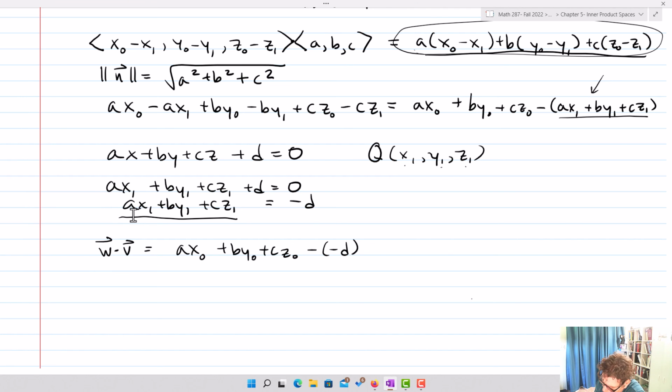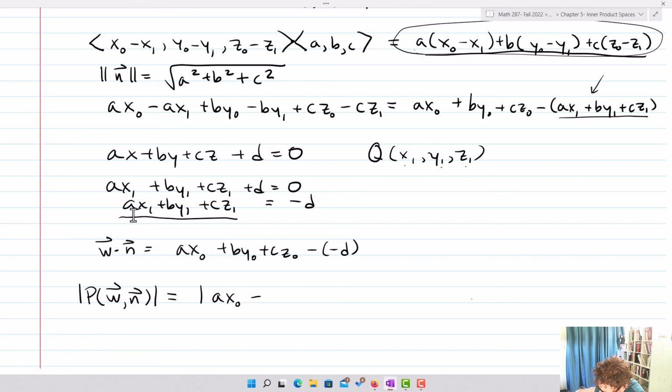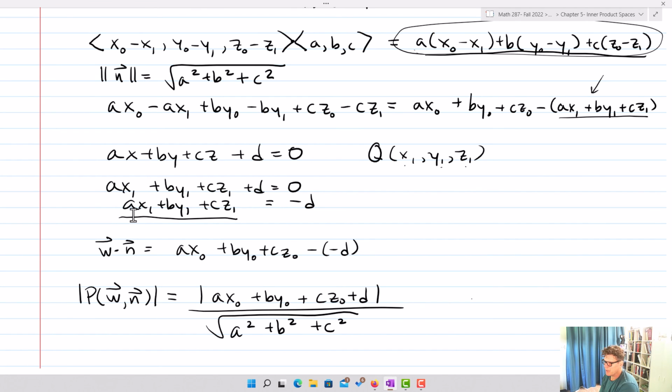So the magnitude of the projection of w onto n, which is the distance that we're looking for, is going to equal the absolute value of ax naught plus by naught plus cz naught plus d divided by the square root of a squared plus b squared plus c squared. And that actually ends up being the equation for the minimum distance between a point and a plane.